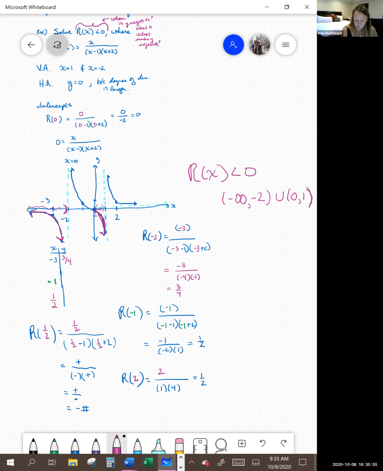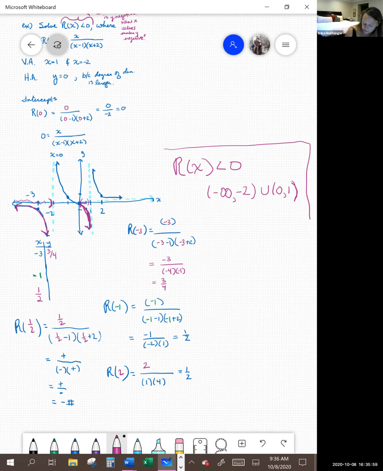Let's make this go one step further. Let's ask one more question about this graph. What if it had been find when r of x is less than or equal to 0? So the only thing I changed here was I put the equal to part.